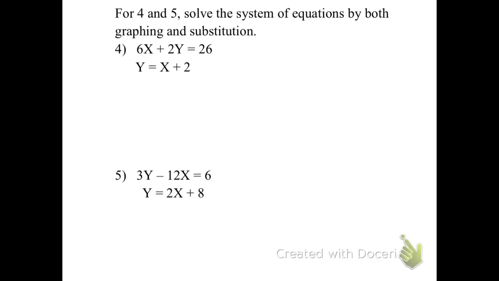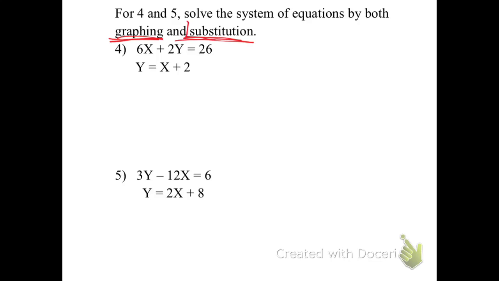A little bit different on yours than the regular students is 4 and 5. You're supposed to not only use graphing to solve it, but also substitution. If you want to look at the graphing, how to graph it, and use that, that's on the regulars video for 4 and 5.